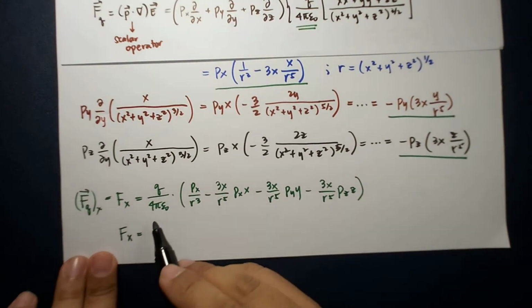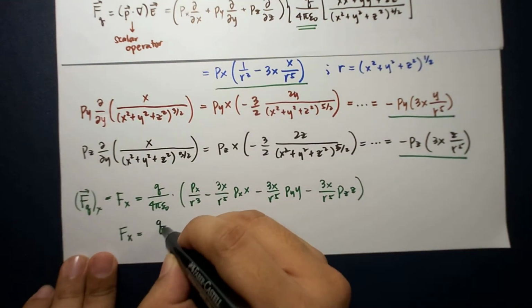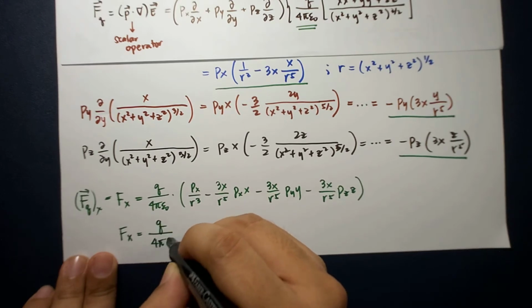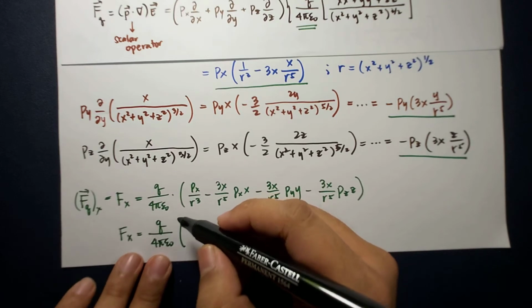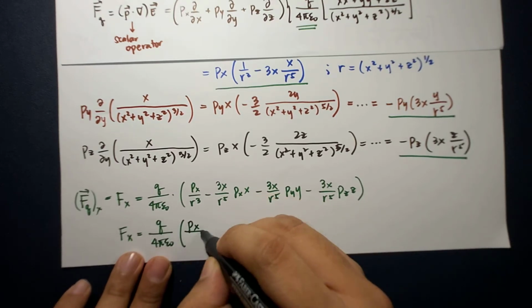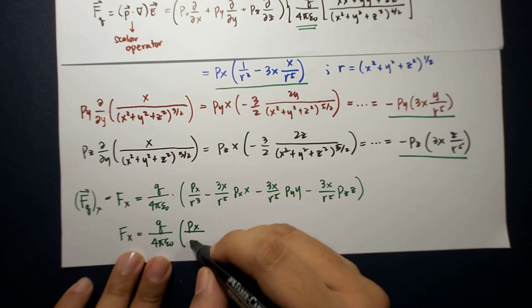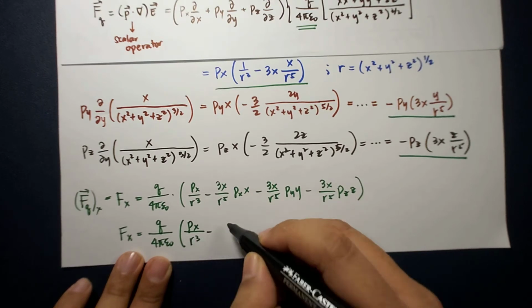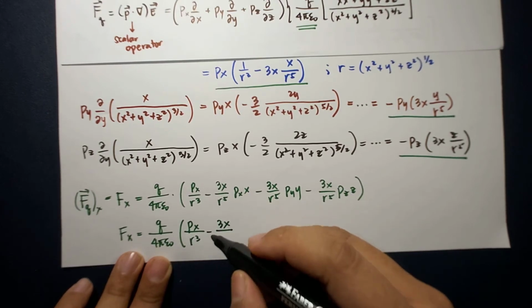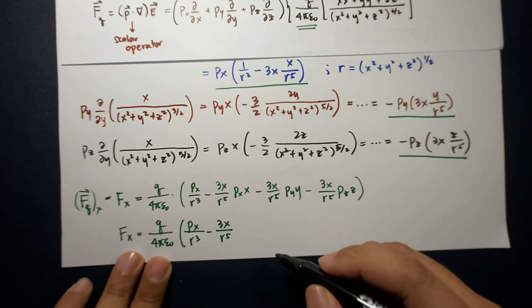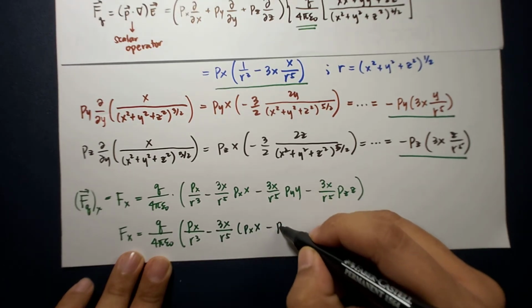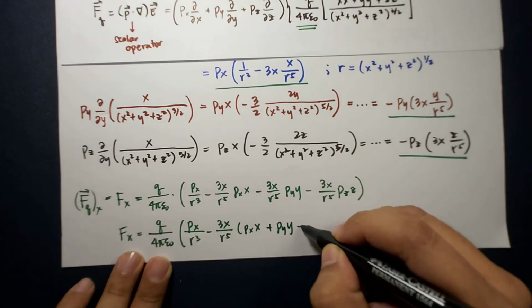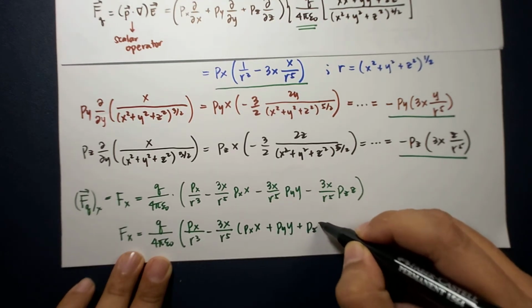So Fx is equal to Q over 4 pi epsilon naught times Px over r cubed minus 3x over r to the fifth times Pxx plus Pyy plus Pzz.